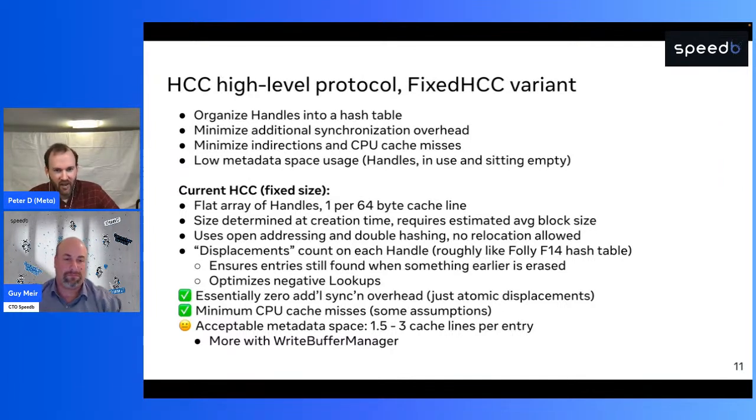We have a flat array of handles, one for each 64-byte cache line. The size is determined at creation time, by the user providing an estimated average uncompressed block size. Typically, if you pass in the same setting that you use for the block-based table options block size, that would work.